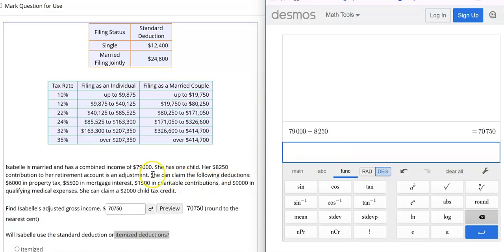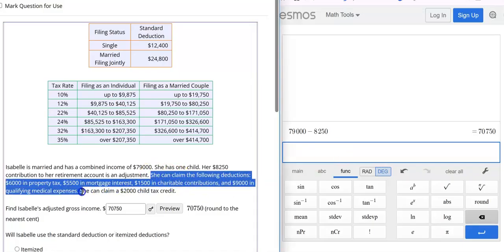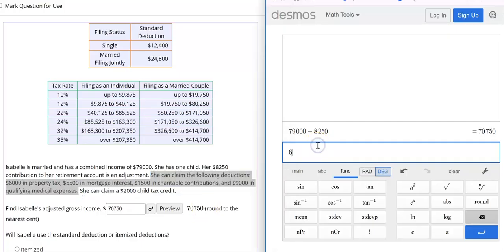You add all the deductions: $6,000 plus $5,500 plus $1,500 charitable contribution, plus $9,000 qualified medical expense.